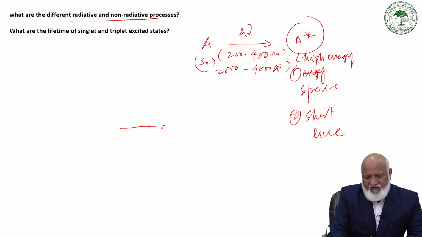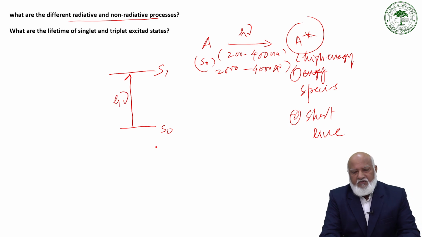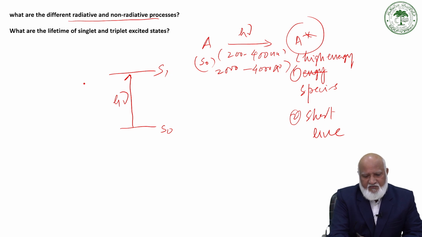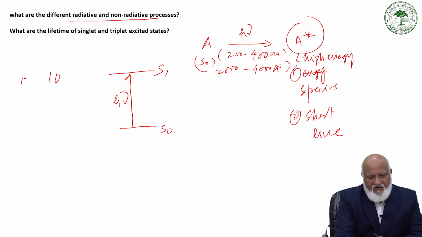So this is S0 and then it goes to S1. On absorption of light, the molecule goes from ground state to an excited state. This is a singlet excited state, and its lifetime is around 10 to the power minus 6.